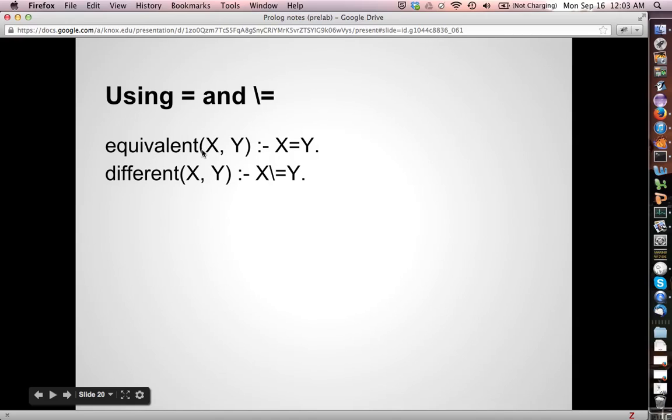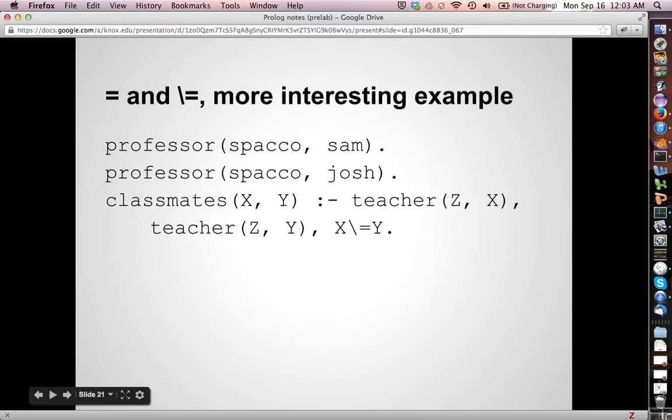We could say equivalent Bob, comma Bob, and Prolog will come back and say yes, because Bob in fact equals Bob. It's going to plug these in and see that they're the same atom. Similarly down here. That's not terribly useful, because you don't need this predicate or this predicate, since you already have these built-in primitives.